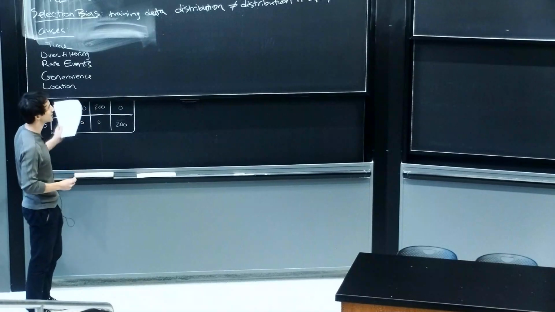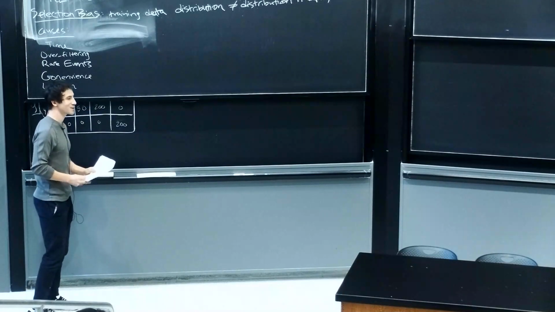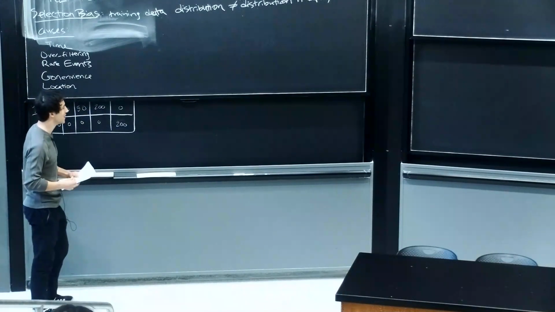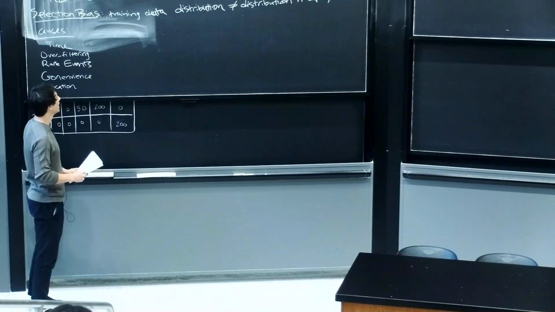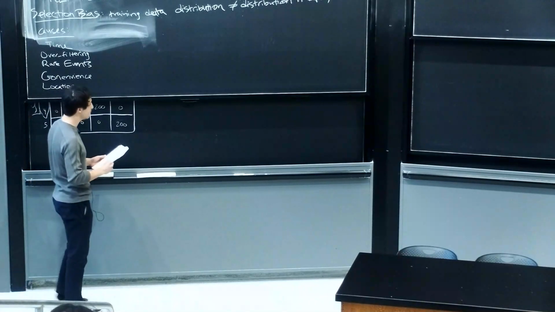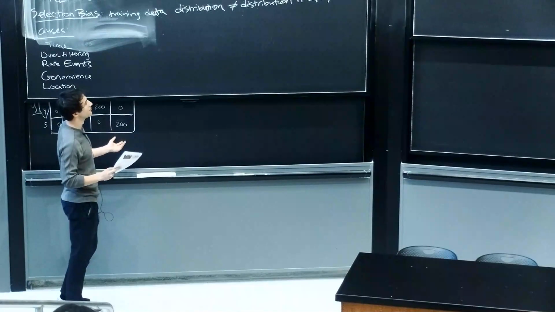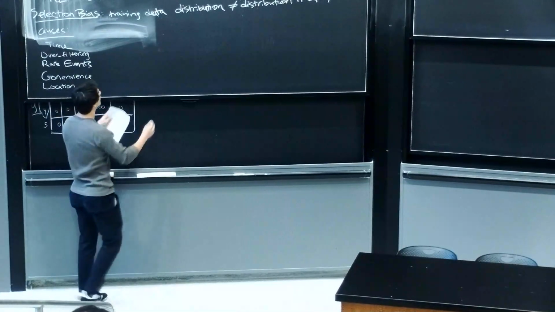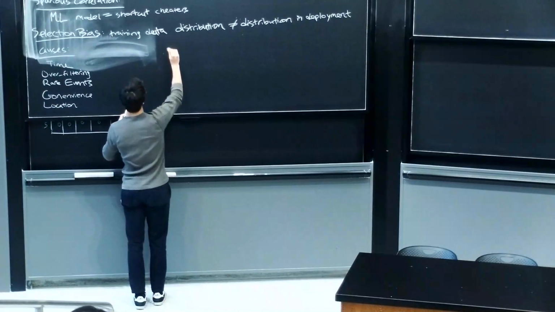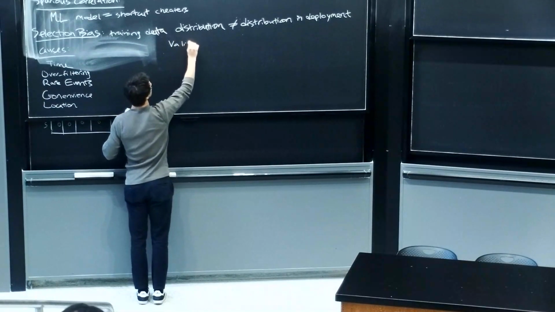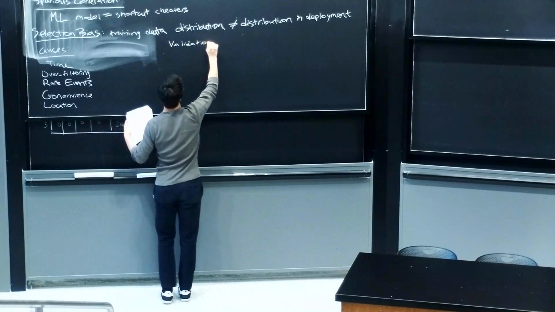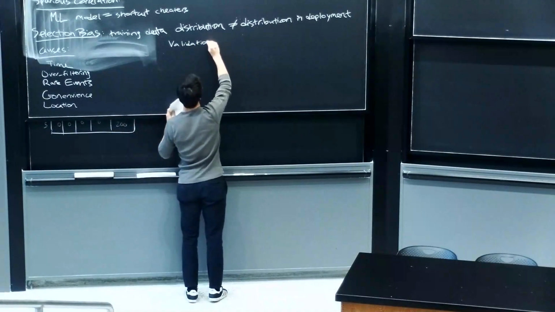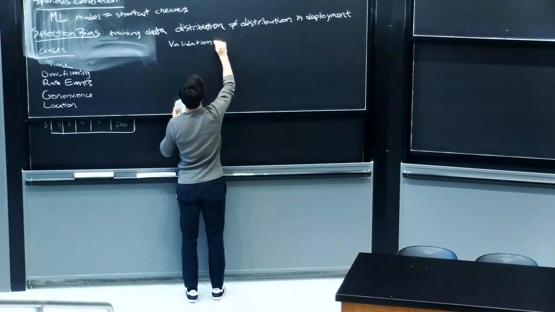So it's always something to be extremely concerned about when you're collecting your training data and deciding what data you're going to train on. The one thing you can try to do is at least evaluate if your model will suffer due to selection bias. The way to do that is you select your validation data to be most representative of the distribution that you'll expect to see during deployment.